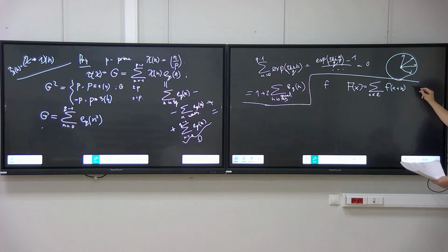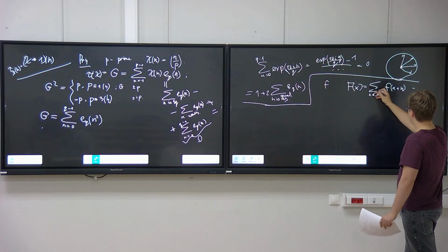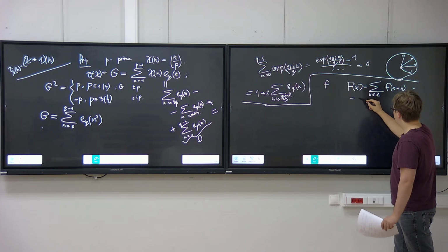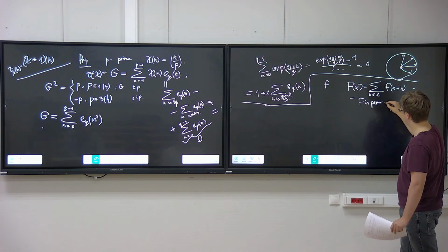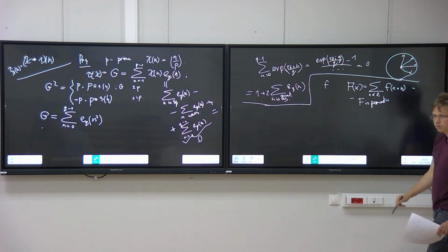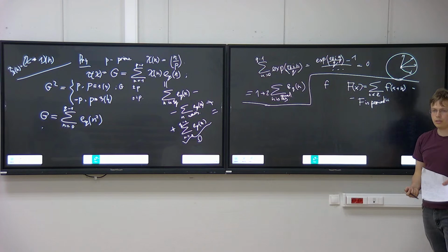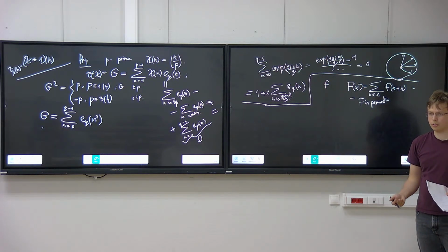Yes? And if f is a nice function, so this is convergent, then big F is periodic. Do you agree? Yes. And when big F is periodic, we can decompose it into a Fourier series.